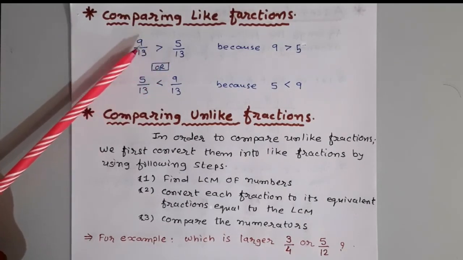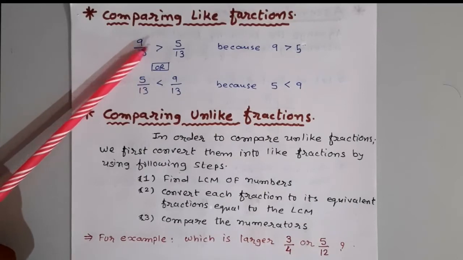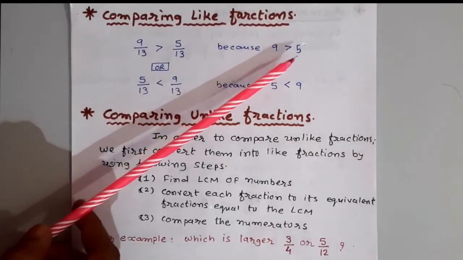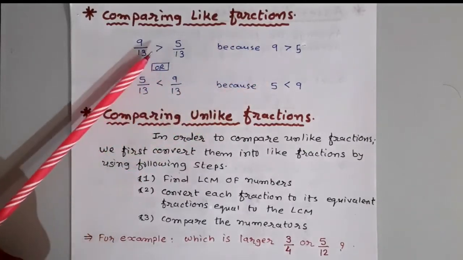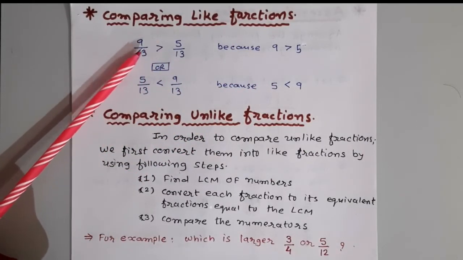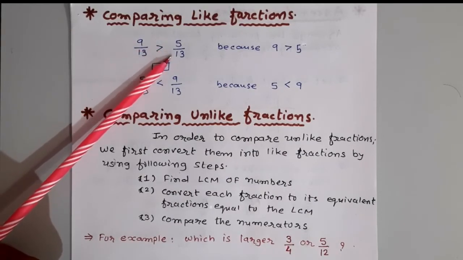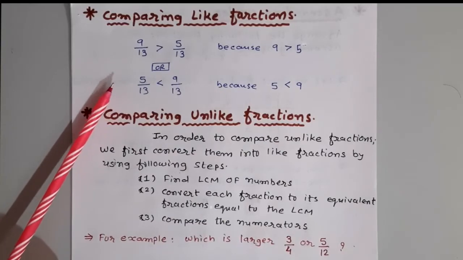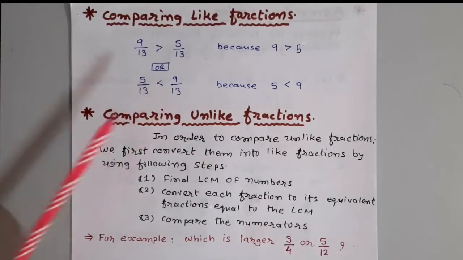So we have to just compare the numerators 9 and 5, and we know that 9 is greater than 5. So we put the greater than sign between them, like this: 9 upon 13 is greater than 5 upon 13, or we can write it like this as well: 5 upon 13 is less than 9 upon 13.